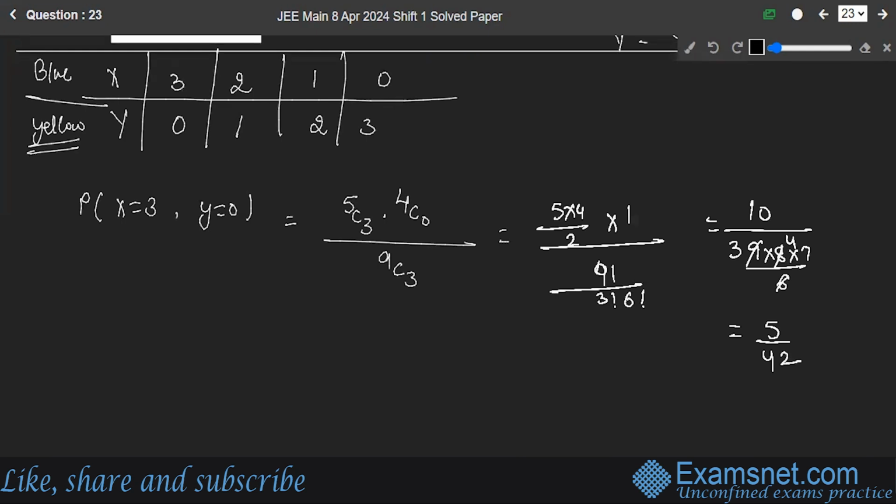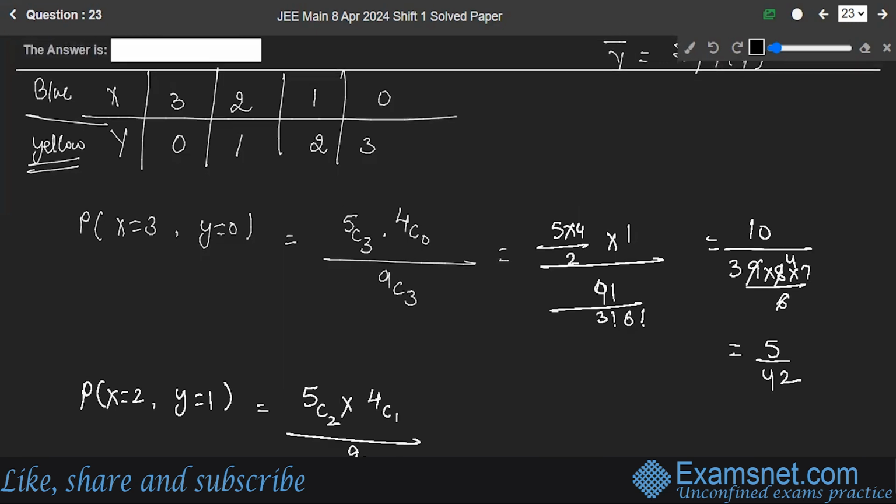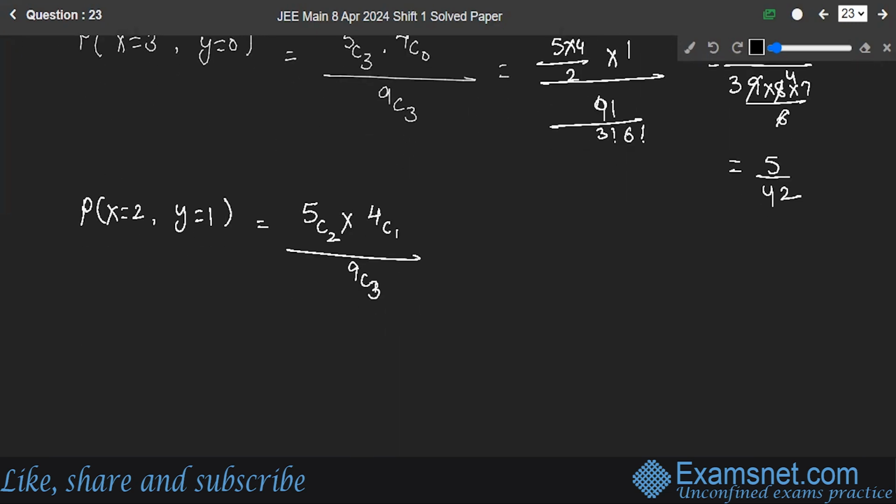Okay. Next, if you pick up 2 blue balls and 1 yellow ball, then this probability is 5C2, because from 5 blue balls you are picking up 2, and from 4 yellow balls you are picking up 1, divided by 9C3. On solving, this will give you 10 upon 21.